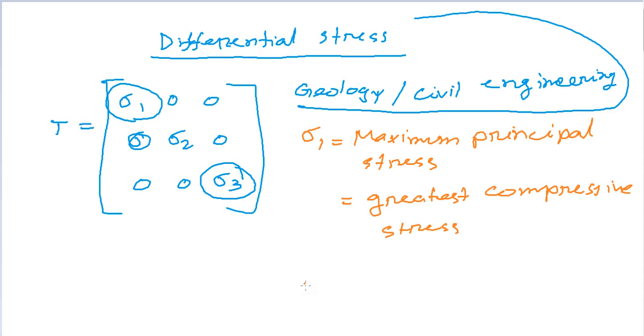And sigma 3 is denoted as the minimum principal stress, or the weakest compressive stress.